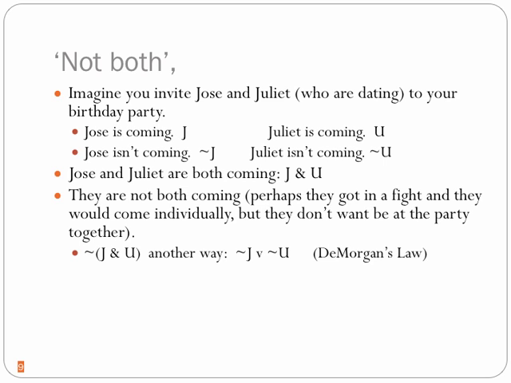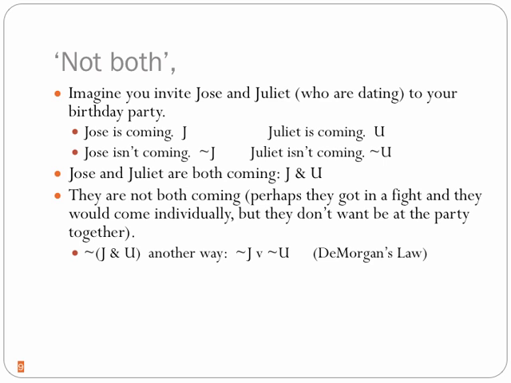And that's fine to think of it that way, as long as you remember to change that and into an or. If you fail to do that, then what you've come up with would be wrong, right? If you had an and instead of that or between the not J and the not U, then what you would be saying is that neither of them is coming.